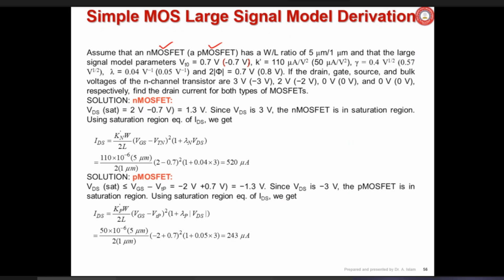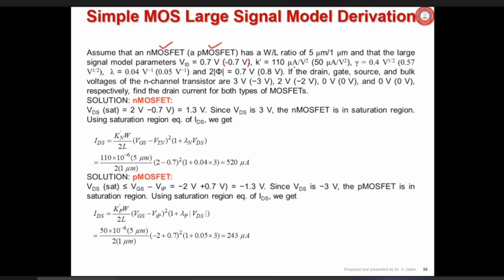Sir, threshold voltage when VBS is 0. VBS is 0 or body and source are tied together. There is no potential difference between source and body. So VT0 equals 0.7 volt for N MOSFET, and for P MOSFET it is minus 0.7 volt.